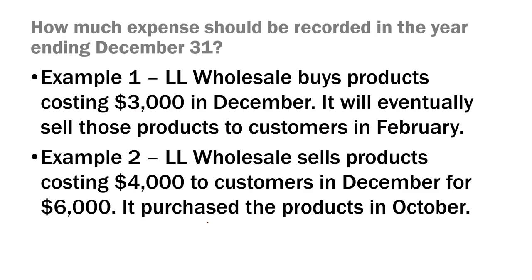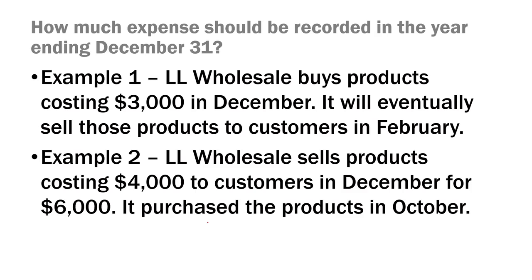Let's take another example. LL Wholesale sells products that cost $4,000 to customers in December, and it charges the customers $6,000. It had previously purchased the products for $4,000 in October. The company must record an expense in December because it's going to record the sales of those products in December.